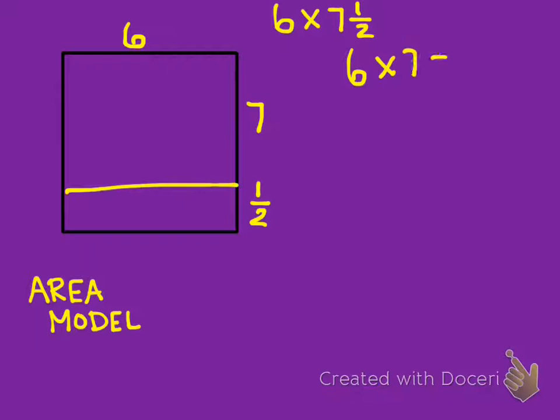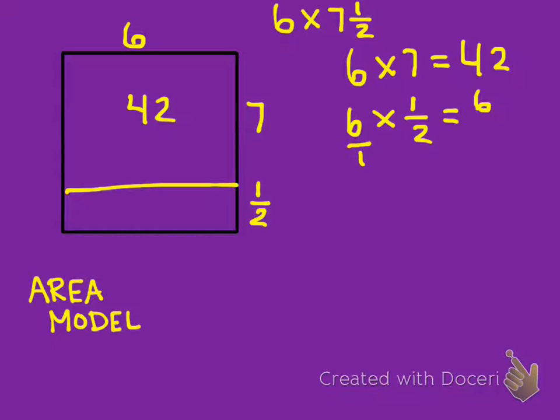So 6 times 7, that equals 42. So this bigger rectangle is 42 square feet. Now to find the skinnier one, we will take 6 times 1/2. And because 6 is a whole number, we're going to put a 1 under it and multiply straight across. 6 times 1 equals 6. 1 times 2 is 2.